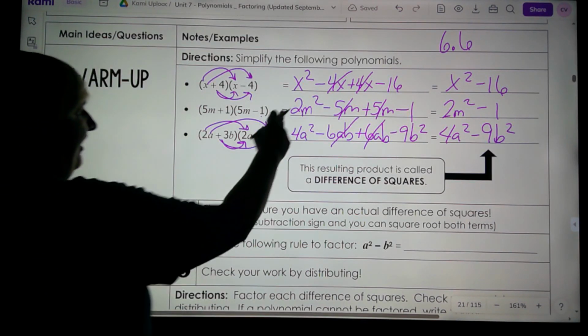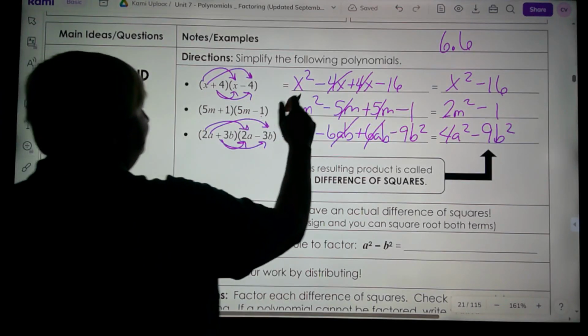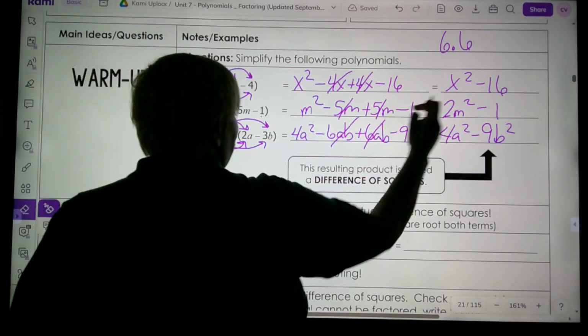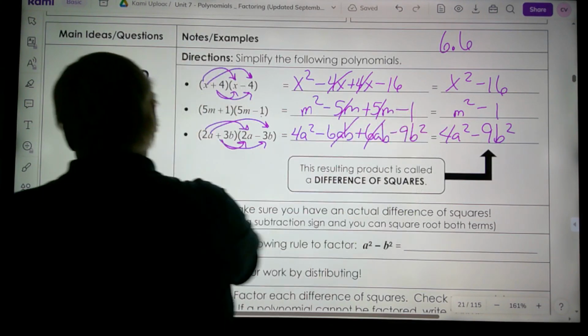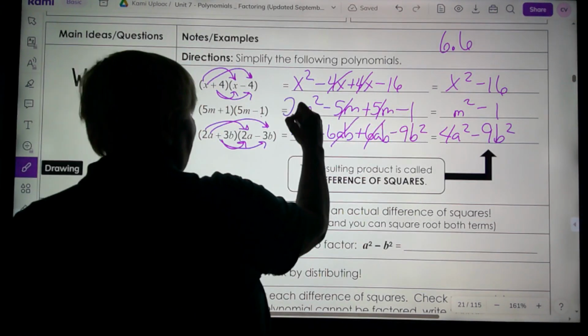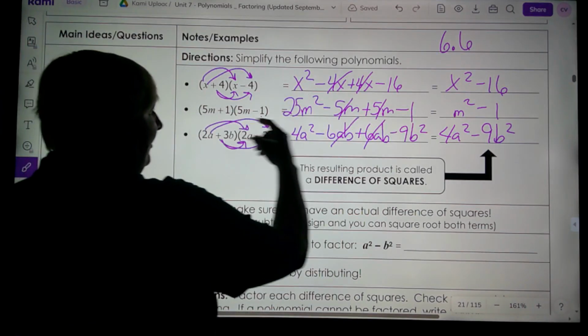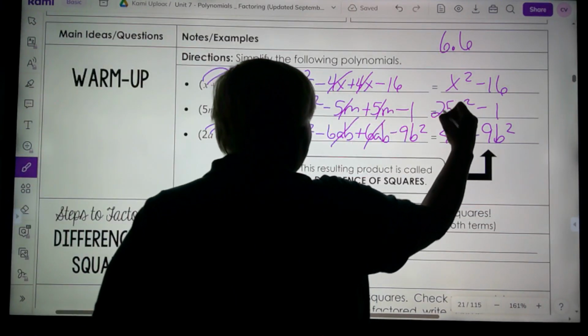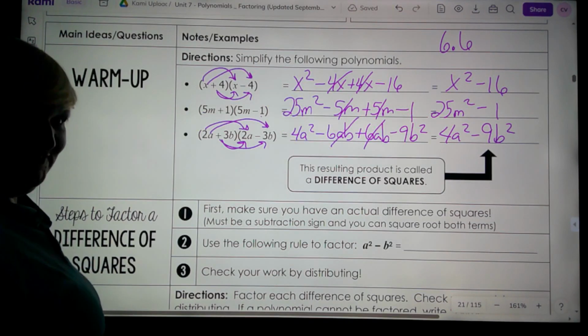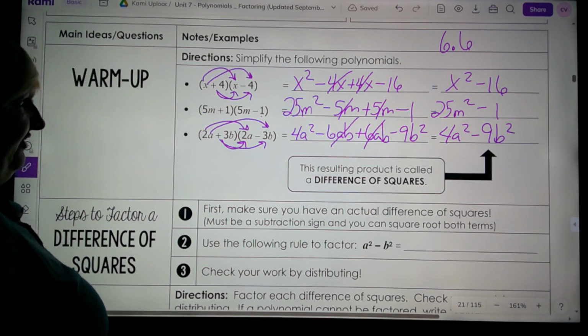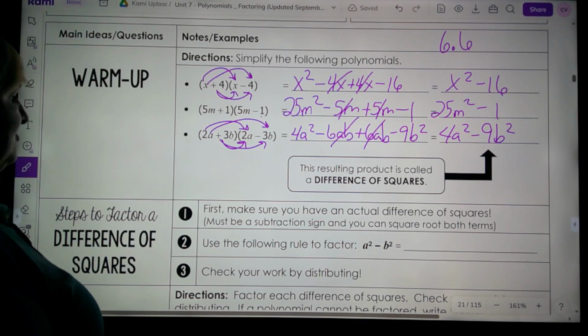This should be 25. How do I know? Because 2 is not something squared. 5 times 5 is 25. 25 is something squared. It's 5 squared. They're all something squared.